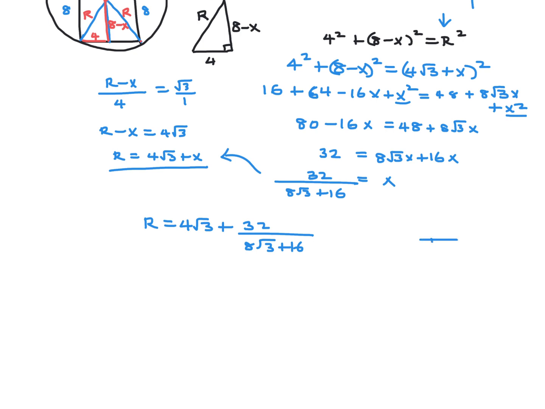Because we eventually just have to figure out pi r squared, you can convert this to a number and then plug it in here. That'd probably be a little quicker than rationalizing the denominator and getting all that stuff, right? So let's do that. Since calculators are allowed, let's use the calculator. When you calculate this number, interestingly, it is exactly 8. So pi r squared, therefore, would be pi times 8 squared, which is 64 pi.